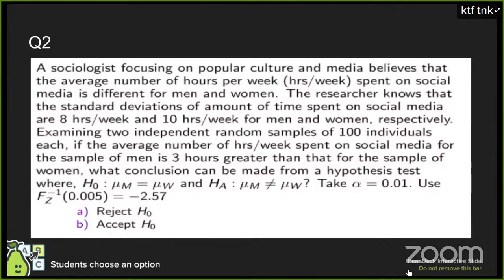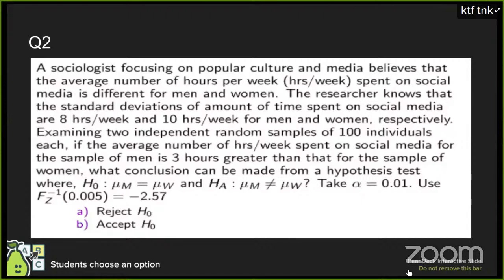What we are doing here is comparing the means of two populations, correct? And they have different standard deviations.